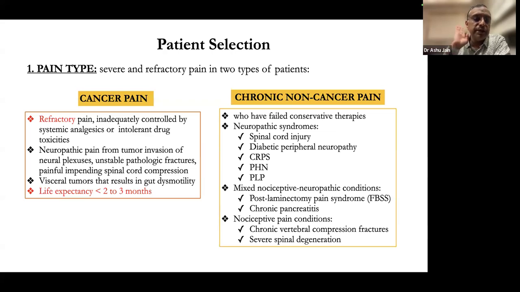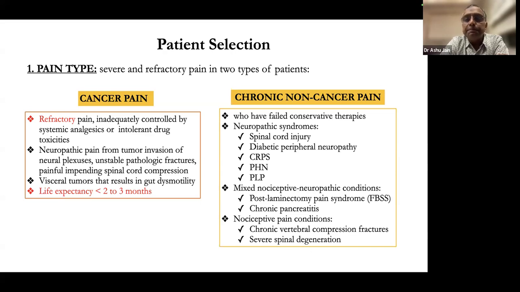Here it is written life expectancy more than 2 to 3 months. No, it is not correct. It should be more than 6 months to 1 year, because you are spending almost 9 to 10 lakh rupees for around 2 to 3 months of life expectancy, which is not good. So it is good for patients who are cancer survivors and have pain after surgery or chemotherapy, but their cancer is in control. They are the ideal patients, but if their life expectancy is good, you can use them.